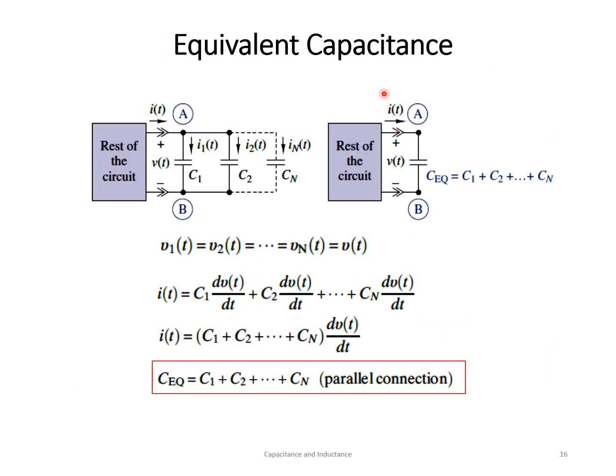Equivalent capacitance. I will go through it very quickly because you know it from college physics. This is the rest of the circuit, and the voltage over here is v(t), and the capacitors are connected in parallel. The current flowing into this parallel combination is I, which is equal to I1 plus I2 plus I3 plus I4 up to In for n capacitors.